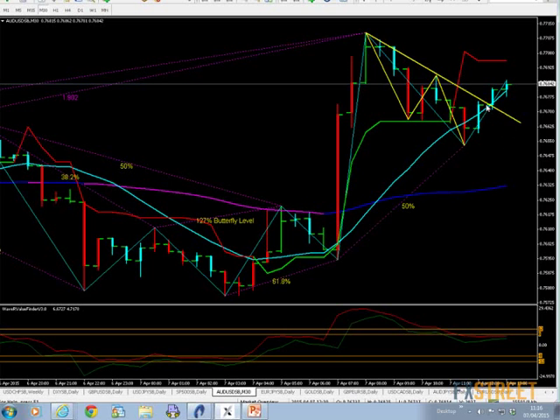Lo and behold, when price breaks that line, we've actually got an entry point. So the entry point can be based on a break of that line. There's nothing too fancy, nothing overly complicated about any of that, and we can use this almost as a trading system in itself and just use it time and time again.